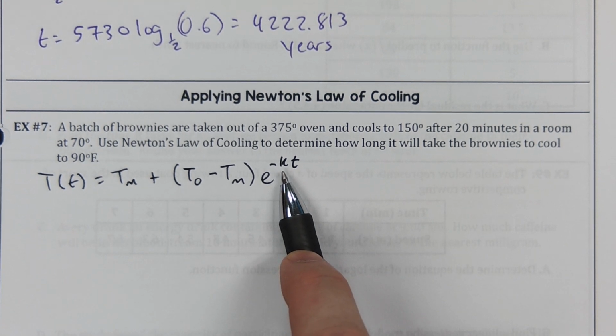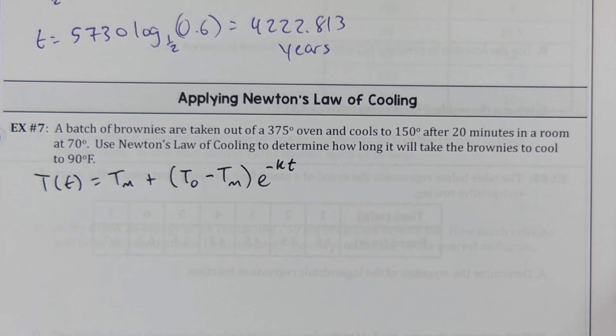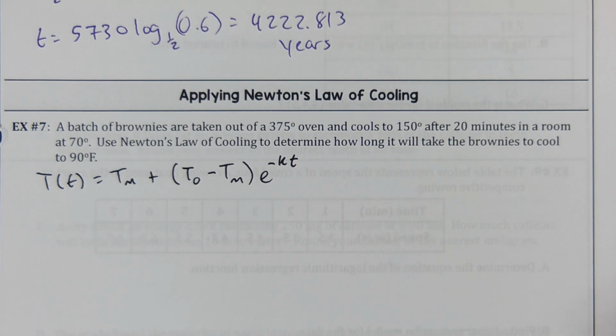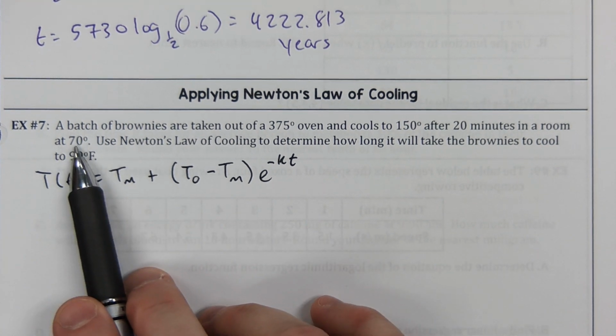The formula still works. A batch of brownies are taken out of a 375 degrees, well, this is clearly imperial, Fahrenheit oven. So that would have been the T_0. Cools to 150 degrees after 20 minutes in a room at 70. Since it's in a room at 70 degrees, that is T_M.